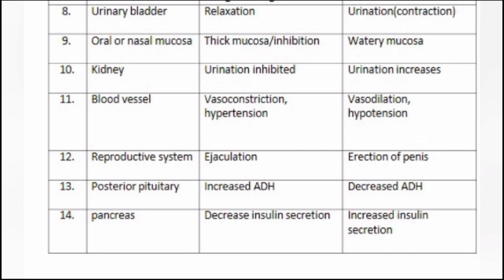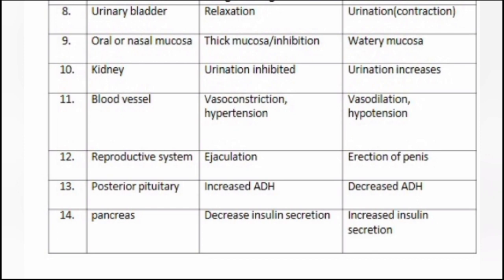And then your liver will increase glycogenolysis and gluconeogenesis, and your urinary bladder will just relax and sit calmly at that time. Next, go to the kidney, it will stop the urination. You don't feel like micturition, right? So next is blood vessels. What will happen?